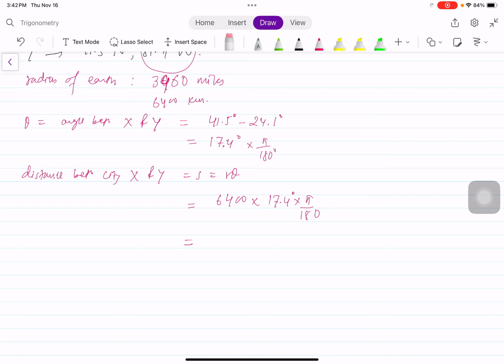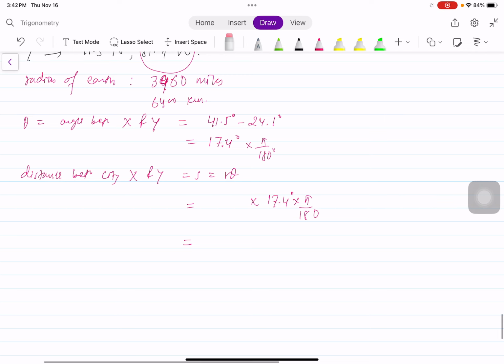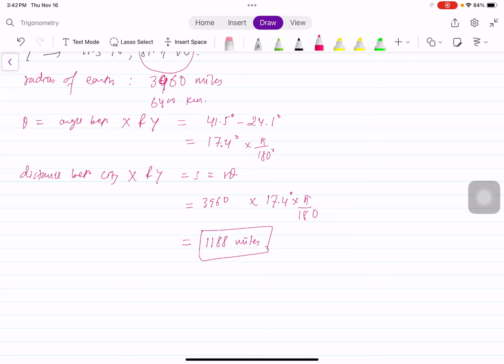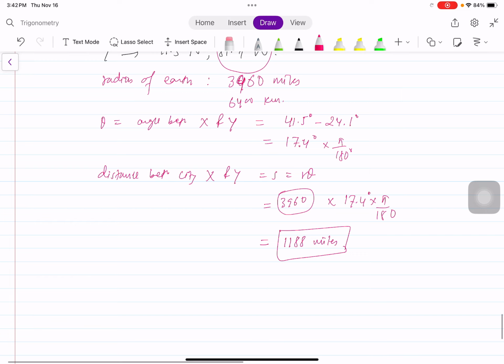Since I already have the provided value in miles, let me use miles over here, which gives 1188 miles approximately. So this is how we find the distance between these two cities. Or if we want kilometers, while using the calculator, put 6400. So this is how we can use these formulas in the real world.